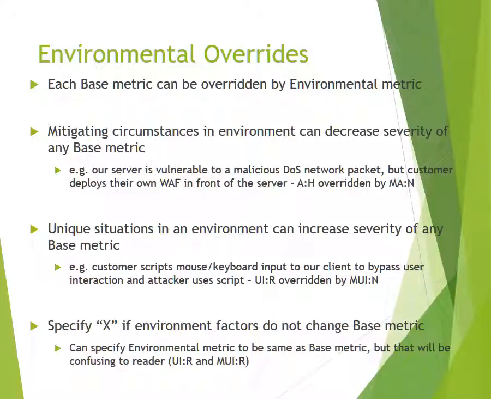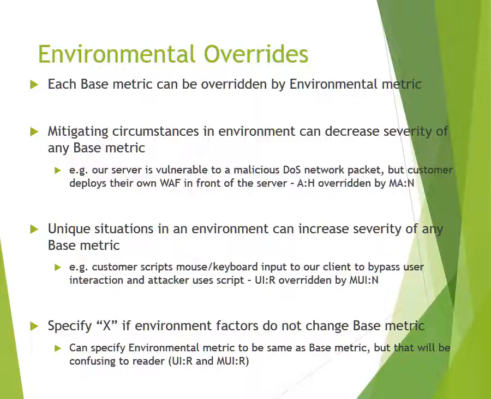Now the next one is a little bit of a contrived situation, but there could be unique situations in your environment where you can increase the severity of any base metric. So say a customer scripts the mouse and keyboard input to our client product in order to bypass user interaction, and the attacker uses that script.